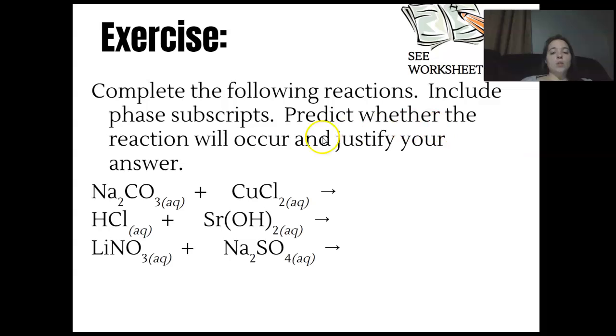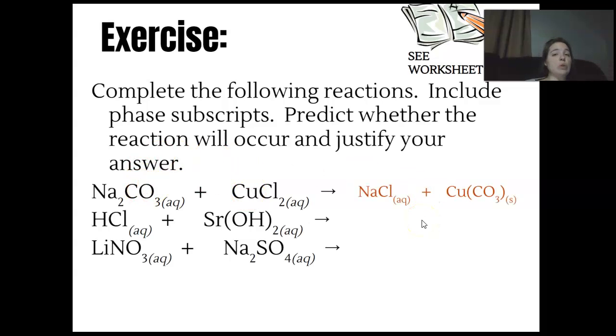Okay, so let's look at this first one. We've got sodium carbonate and copper 2 chloride. Let's figure out what the product is going to be. Again, you're going to take the positive metals and switch them. So instead of sodium carbonate, I'm going to see sodium chloride and copper carbonate.